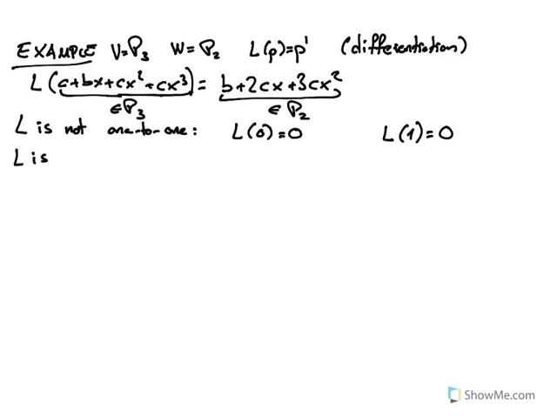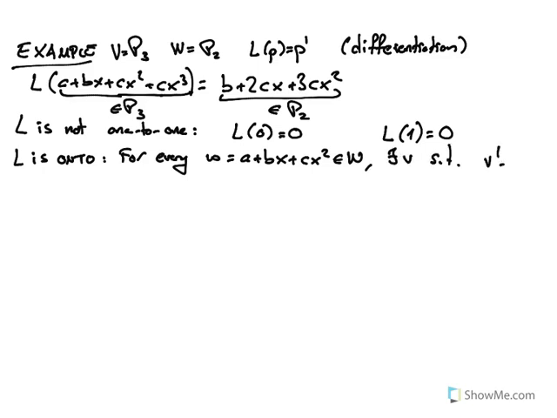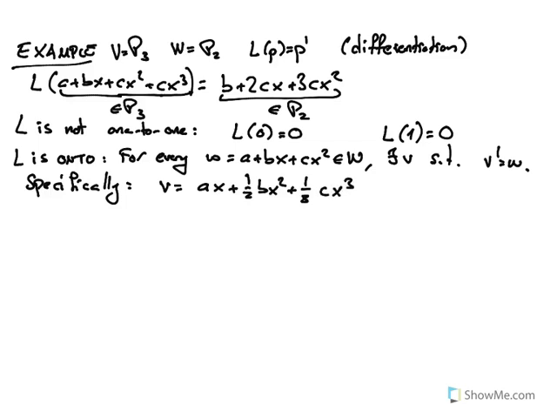However, L is onto. For every W in the target space, there exists V such that V prime is equal to W. Specifically, V is the polynomial aX plus 1/2 bX squared plus 1/3 cX cubed.